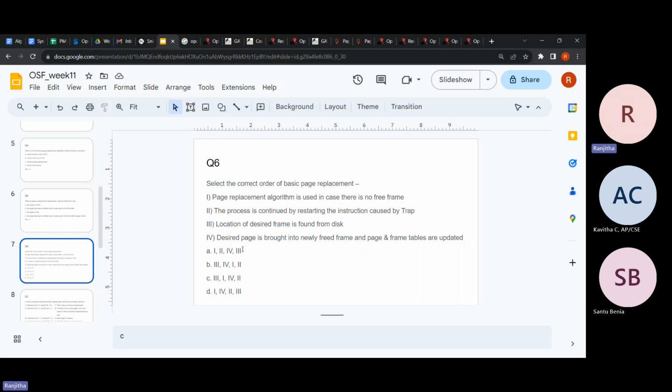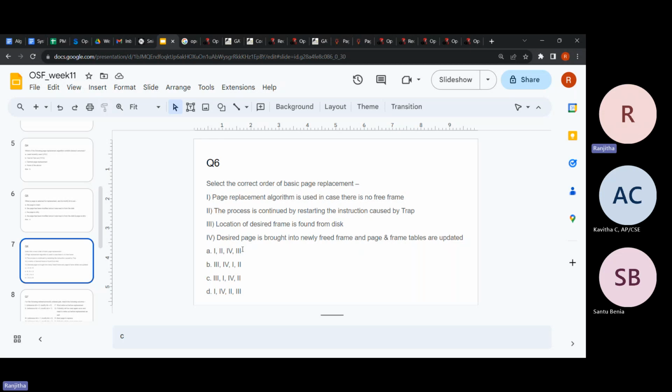Then the page replacement algorithm will be used to choose a victim if there is no free frame. Then once the page replacement algorithm chooses one victim frame, the desired page is brought into the newly freed frame.